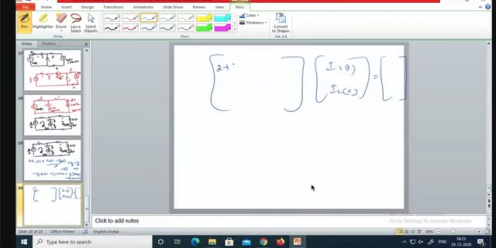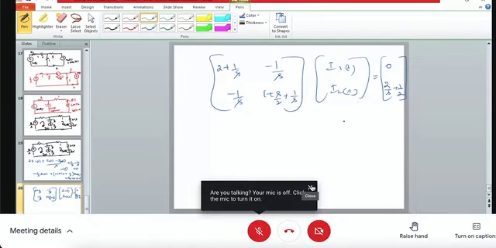You'll get 2 plus 1 by S here, and minus 1 by S here, minus 1 by S here, and 1 plus S by 2 plus 1 by S here, 0 here, and 2 by S plus 1 by 2 here. If you multiply these two, you get the same two equations. Then you can simplify it using partial fractions method.